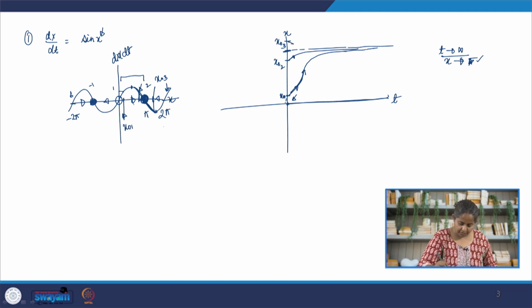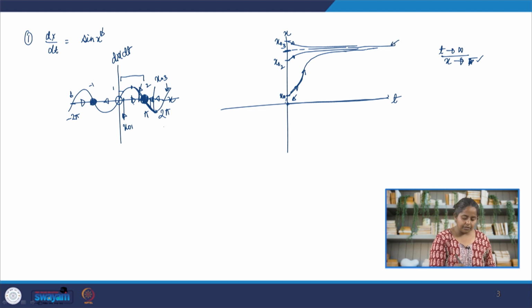So, x is reducing. What happens as x reduces? It moves towards left side. The flow here is already towards left side. As it moves towards left side, the magnitude of dx by dt starts decreasing. So, the value of x is going to reduce, but the rate at which it is reducing will start slowing down. So, here it will be asymptote to this horizontal line, which is the line of fixed point.